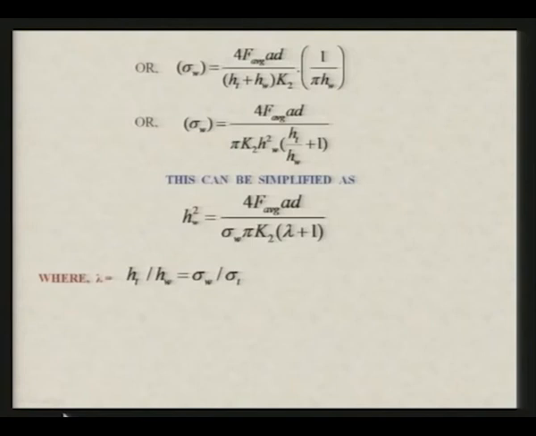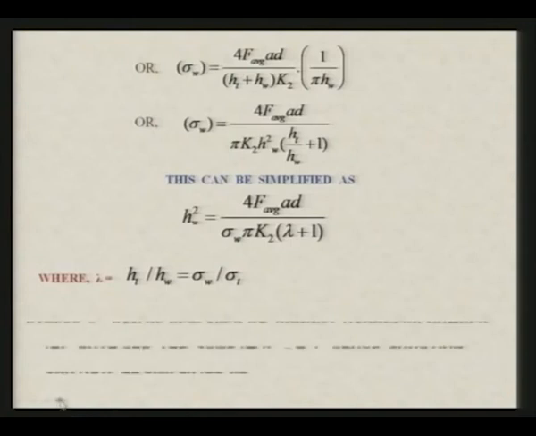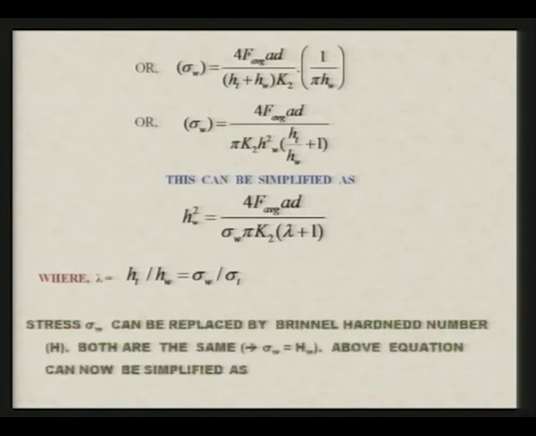The higher the strength, the lower will be the depth of penetration. That is why you can see here h_T over h_W is equal to sigma_W over sigma_T. Stress sigma_W can be replaced by Brinell hardness number H. Both are the same, sigma_W is equal to H_W, that is the workpiece Brinell hardness number.